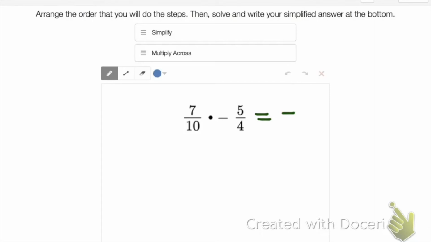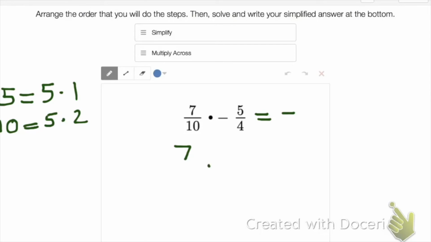For those 4 numbers, I realized that 5 and 10 have a connection because 5 times 1 is 5 and 10 equals 5 times 2. So instead of writing 5, I will write 5 times 1. And instead of writing 10, I will write 5 times 2.